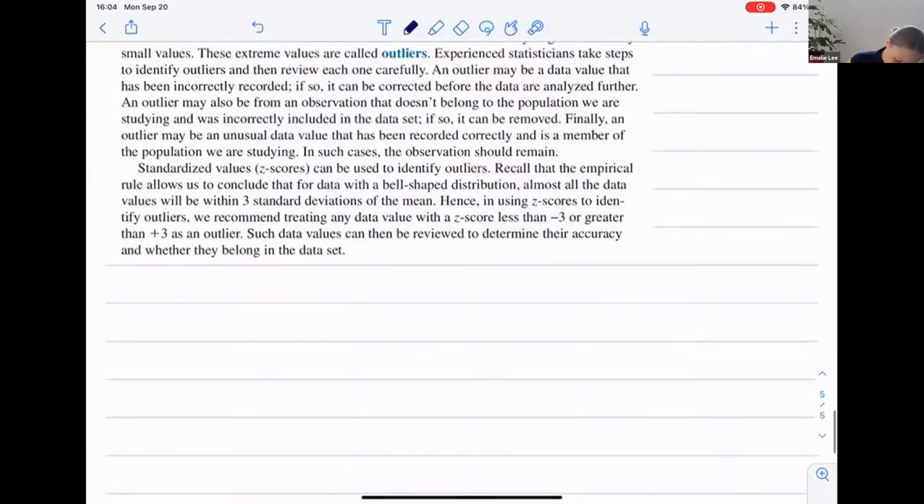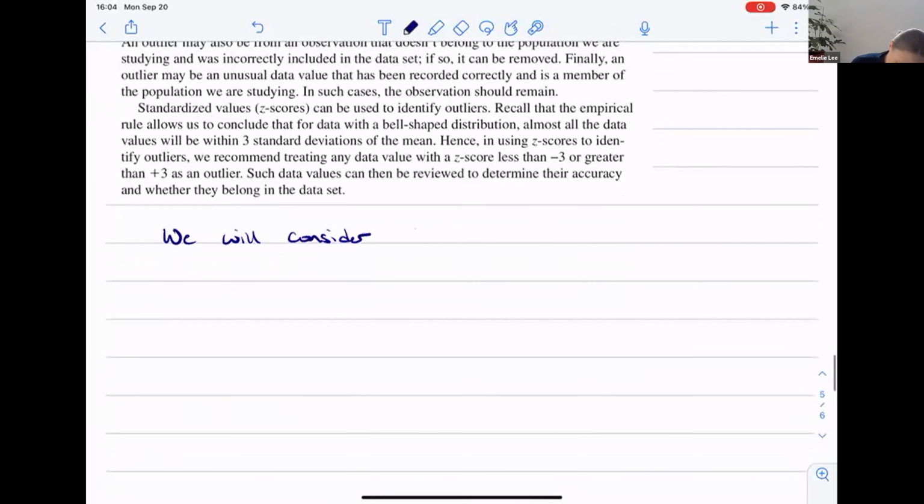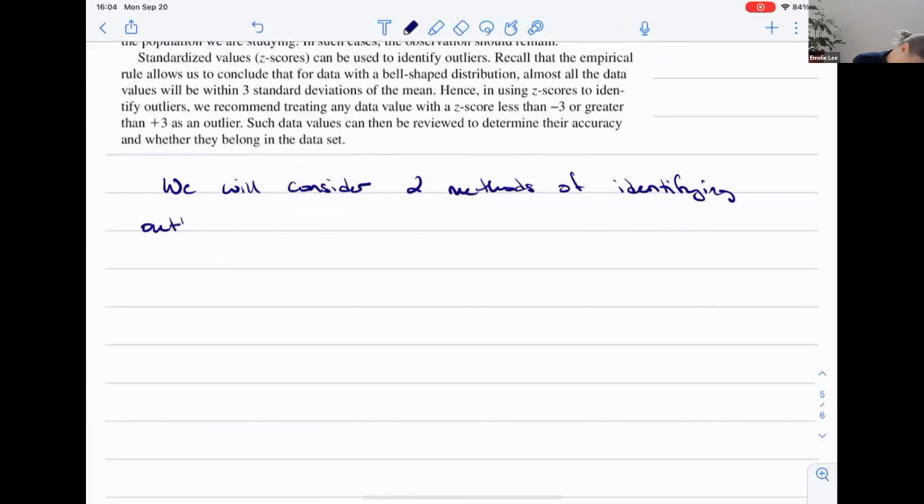So we will consider 2 methods of identifying outliers. And I'll clarify what I mean by outliers here: extreme values that deserve a closer look. Maybe they were entered incorrectly. Maybe they're there and they're really interesting.